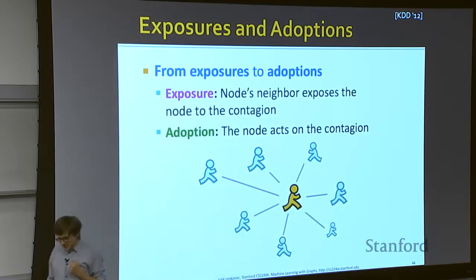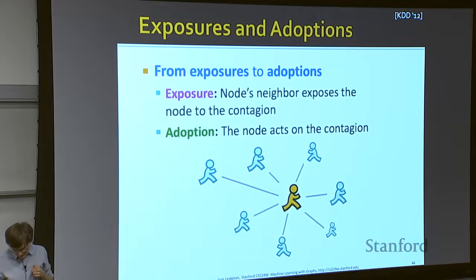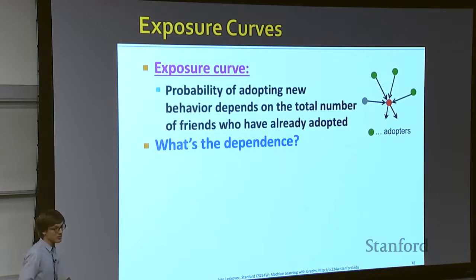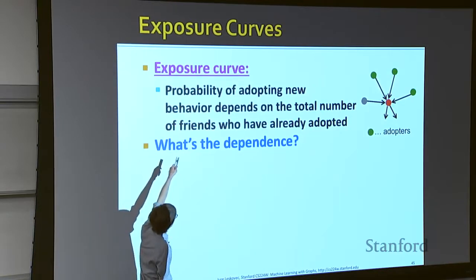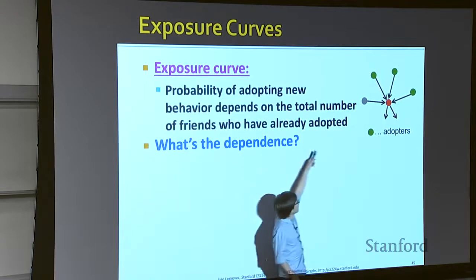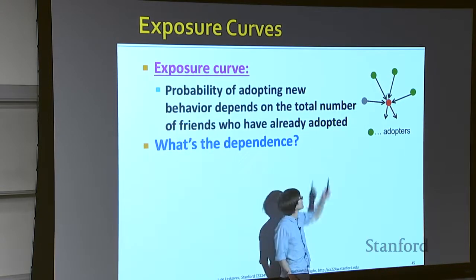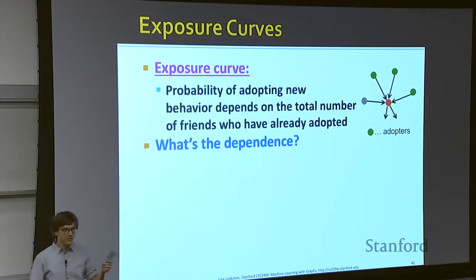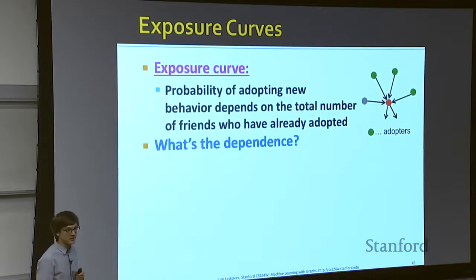And now what is interesting is that we can plot out the exposure curve, which is the probability of adopting new behavior as a function of the total number of friends who have already adopted the behavior, right? Or the probability of you adopting as a function of the number of exposures that you have received.